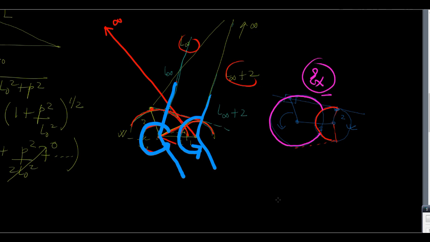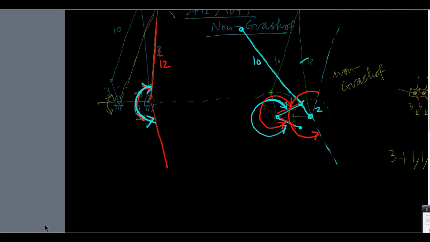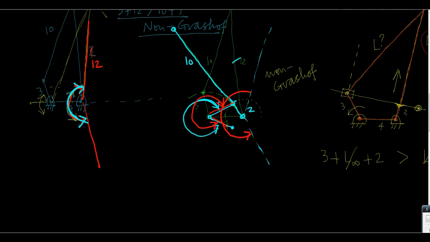There is a final example that I would like to do, which is also there in the book, and that is a Whitworth quick return mechanism, which looks like this. This mechanism has one hinge here, another hinge here.